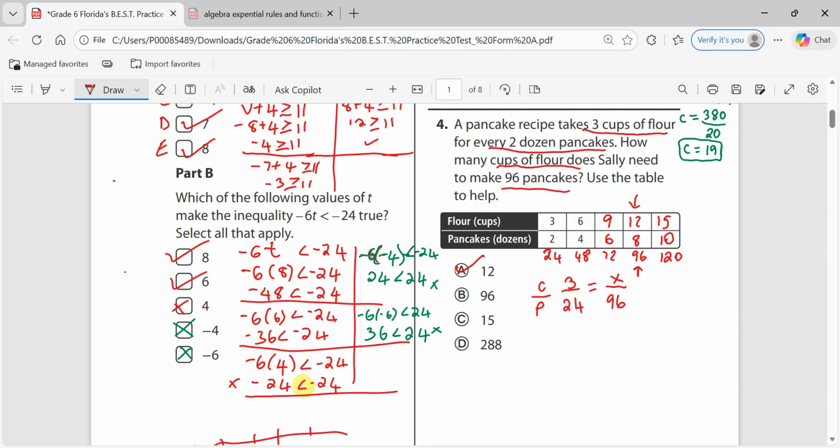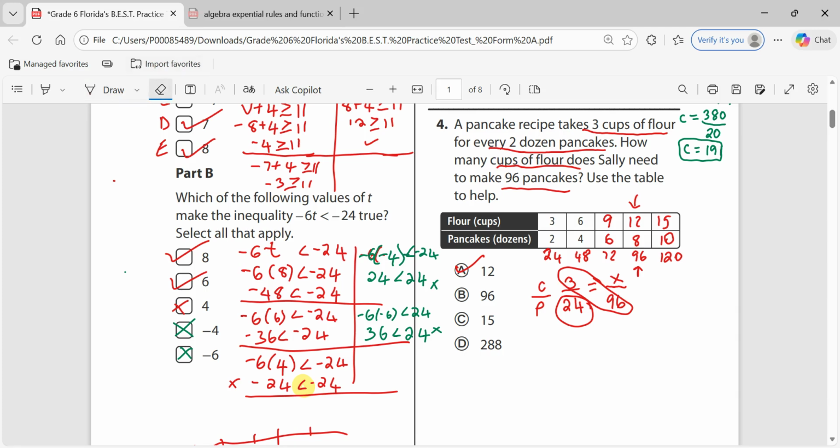I'm not using the 2 because 2 is referring to dozens of pancakes, whereas here it's talking about the actual number of pancakes. Now remember, once you're here, this is a proportion like what we did in number 1. You can bat and ball, multiply and then divide.